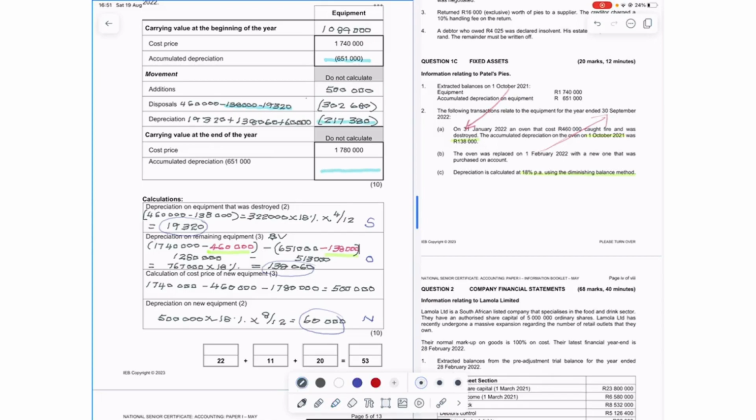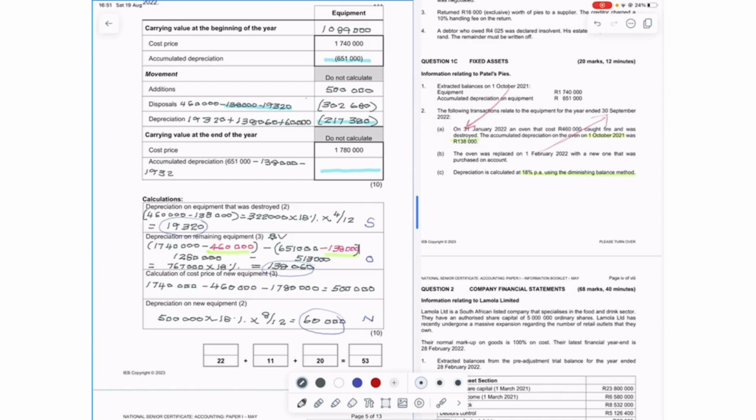Let's show our workings. We've got the 651,000. We're going to minus the accumulated depreciation on that asset that we disposed of, minus the 19,320.